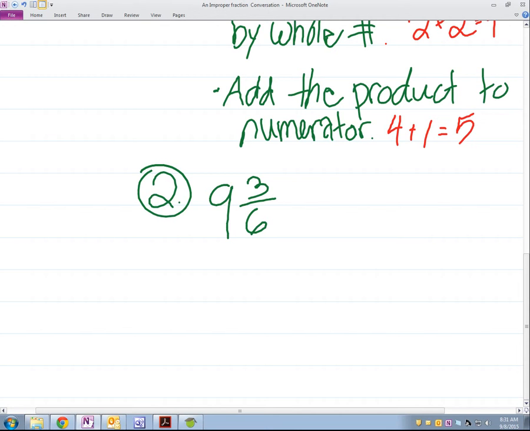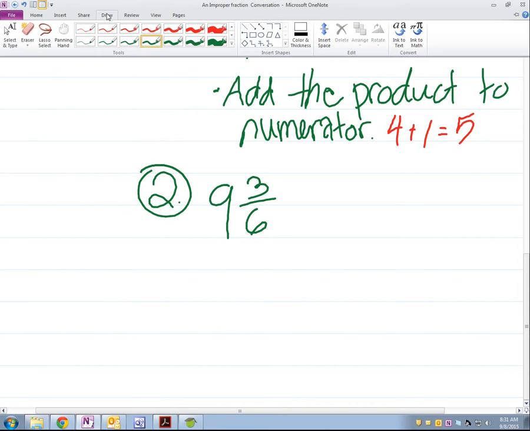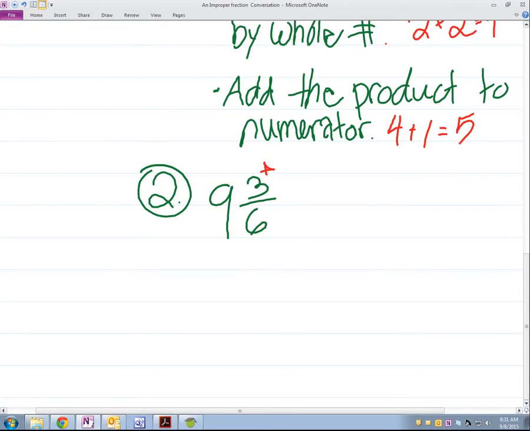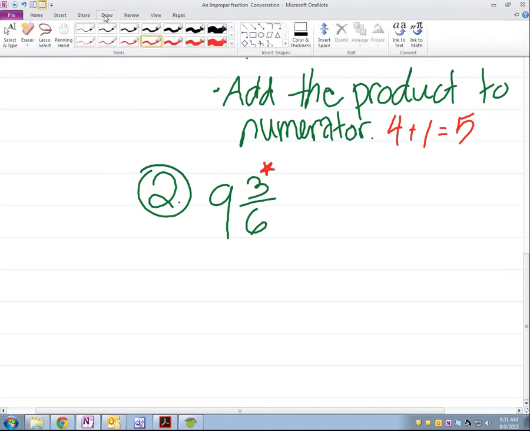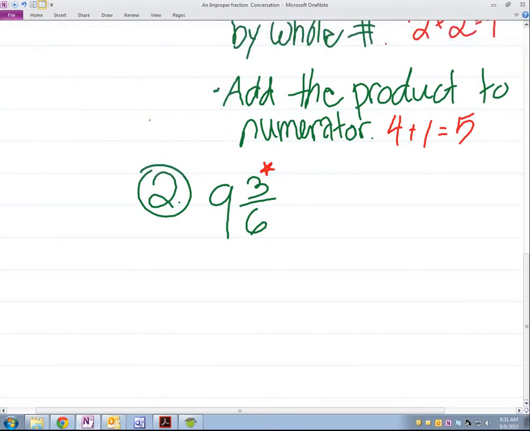Actually, we're going to get into that next. So I'm going to put a little star here. You don't have to write that star, but I'm doing that so I remember that's something we wanted to do. Now, according to those 2 steps that we wrote earlier, what's the first thing we need to do?